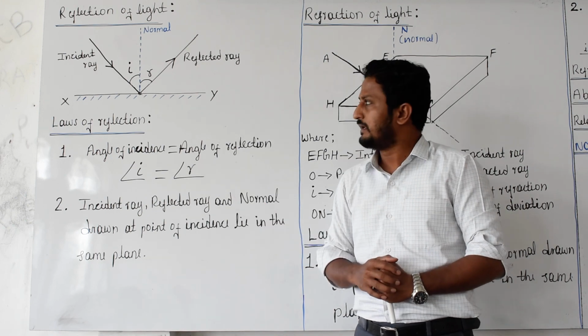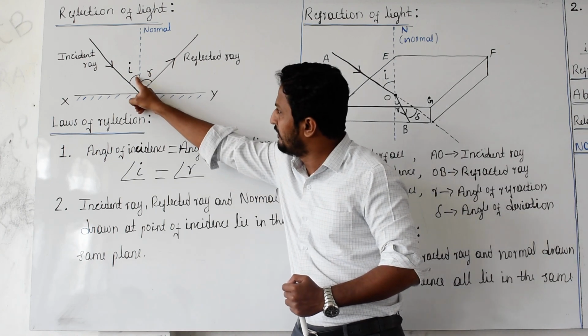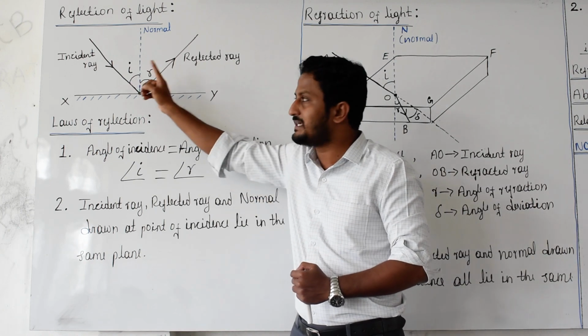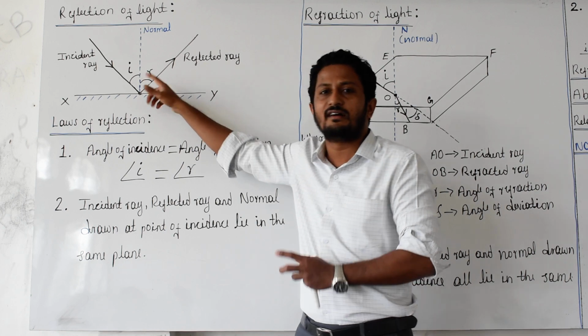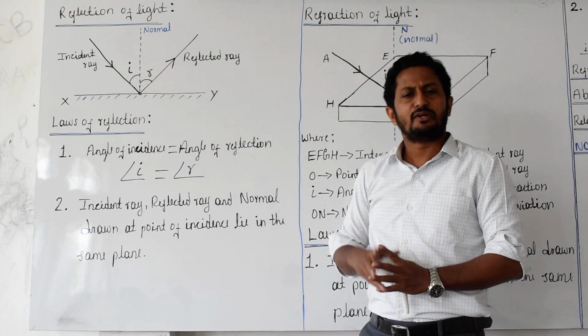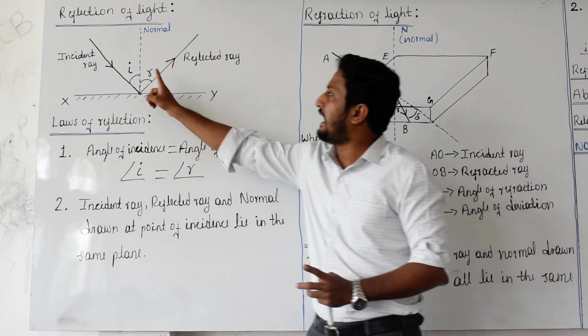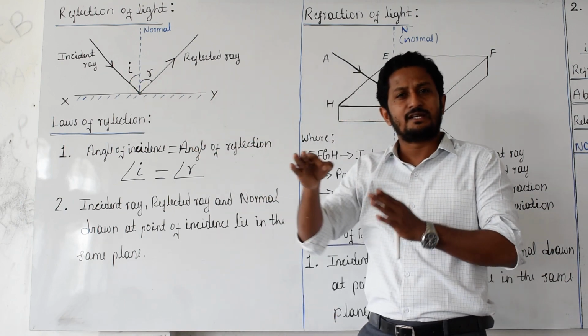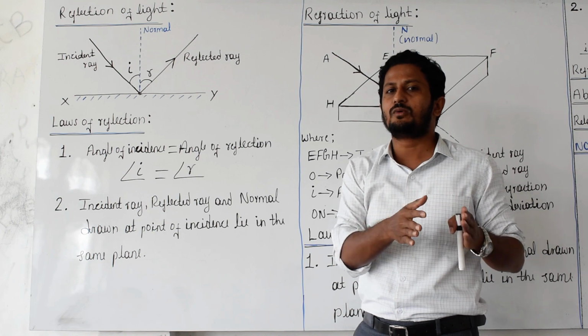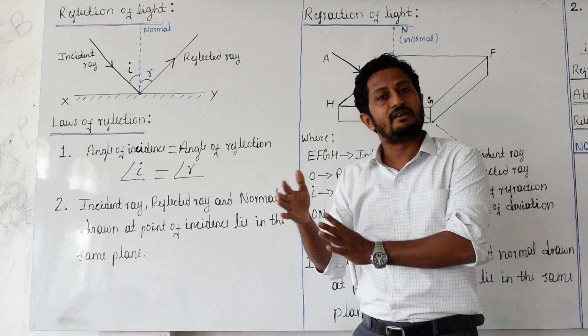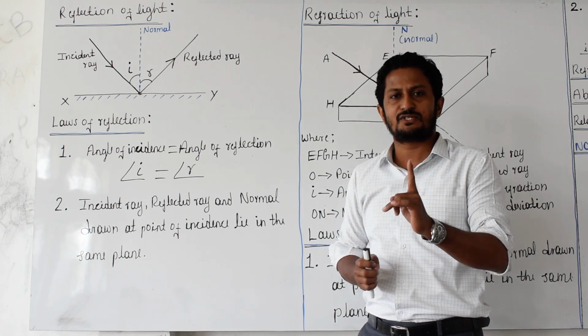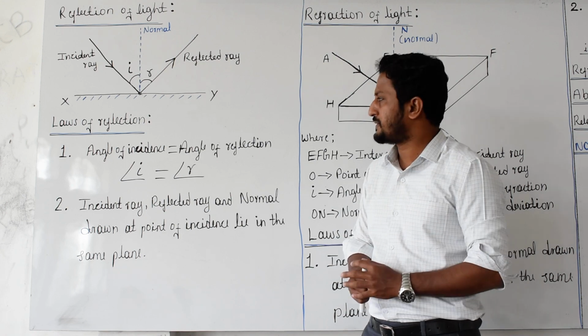First one: the angle of incidence is equal to the angle of reflection. In all reflection phenomena, the angle of incidence is going to be equal to the angle of reflection. This is the first law of reflection.